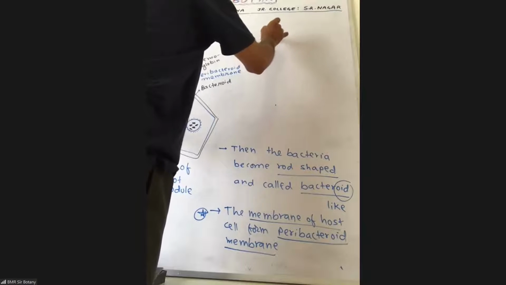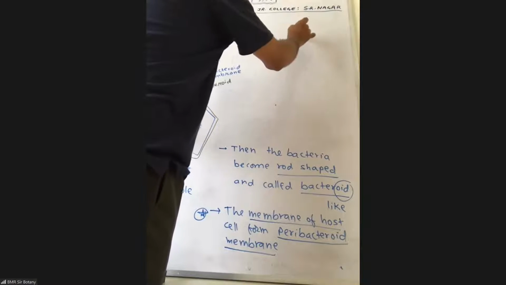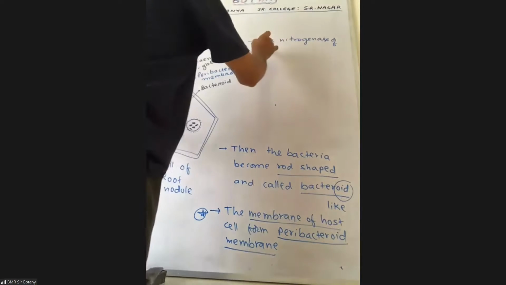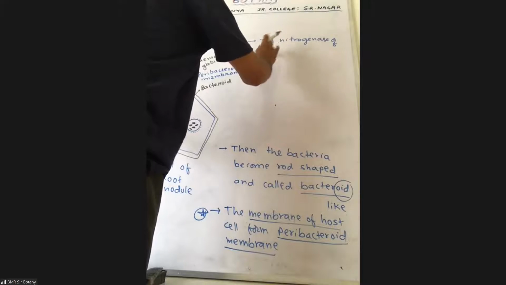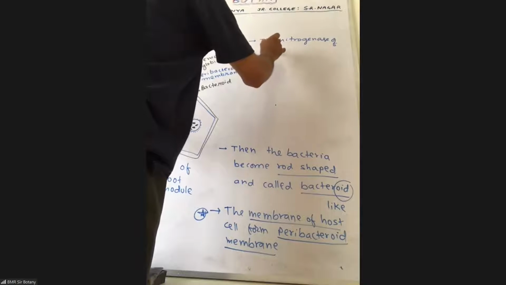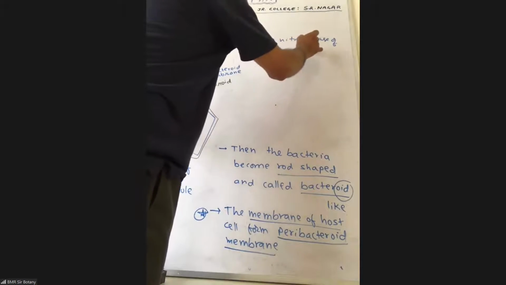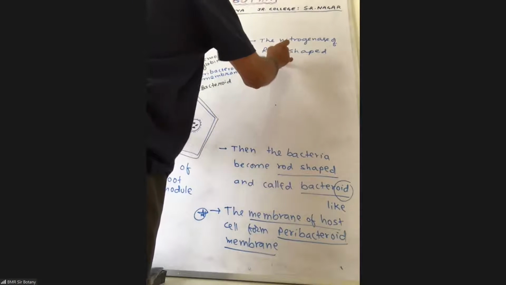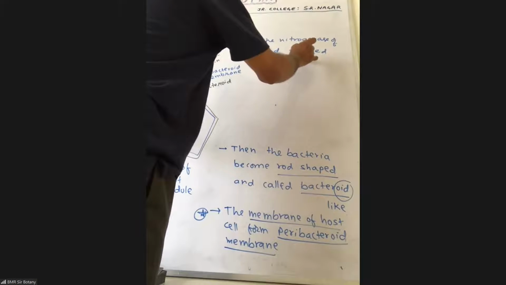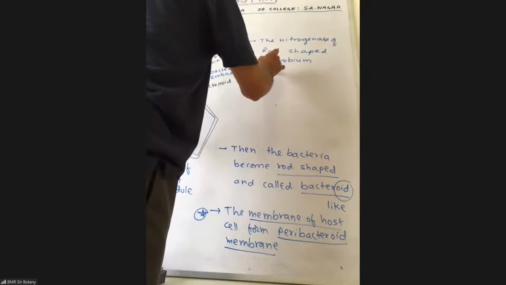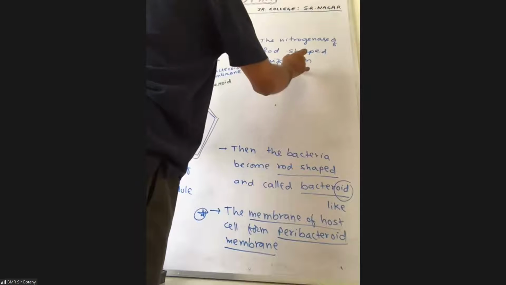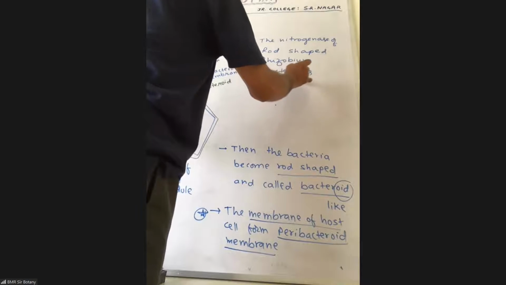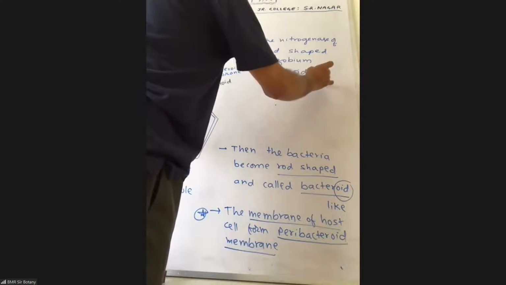So the nitrogenase of the so-called rod-shaped rhizobium bacteroids causes nitrogen fixation.